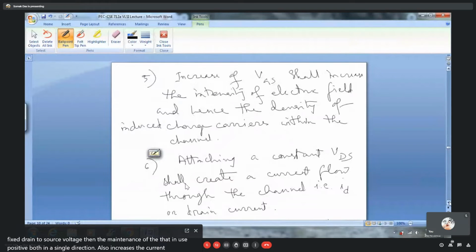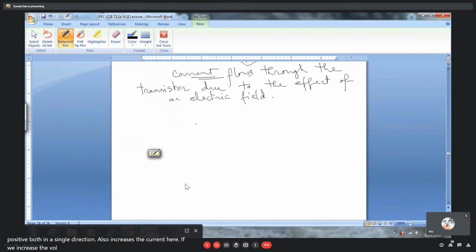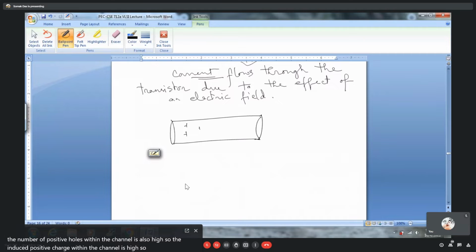If we increase the voltage in the gate to source, then the number of positive holes within the channel is also high. So the induced positive charge within the channel is high. After that, if we apply a fixed source to drain voltage, then the movement of the holes in a single direction due to that induced charge will also increase the ID current.